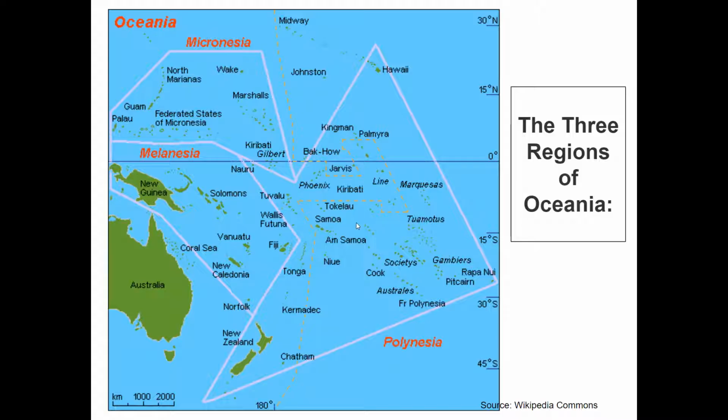And then last but not least, we have Polynesia, right? And Polynesia contains not just New Zealand, but also a whole bunch of other pieces as well. And at its northern point, you can see Hawaii is there as well. So those are those three regions of Oceania. And I'll probably ask you in a quiz which one Hawaii is in. Oh yeah, which one is Hawaii in?